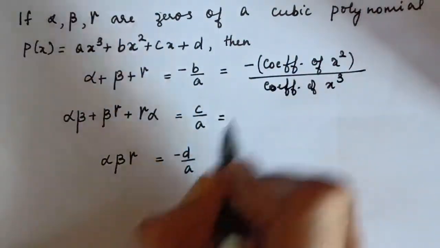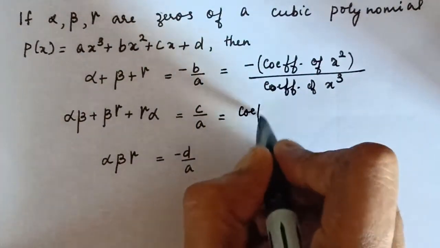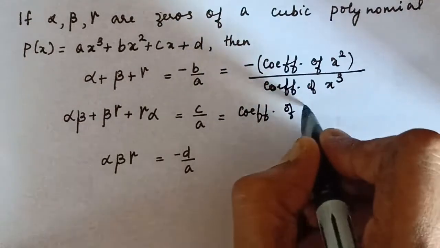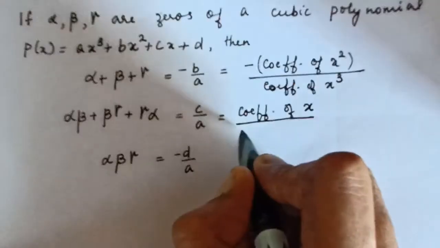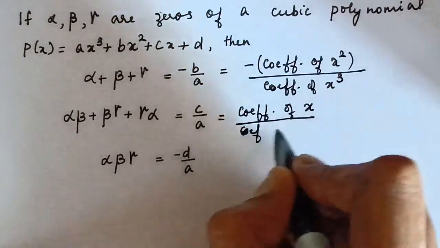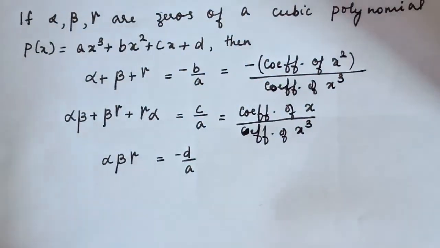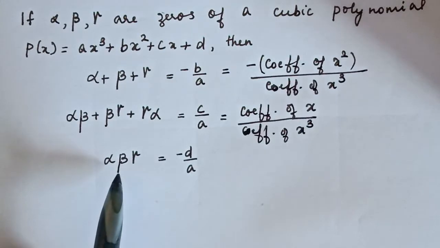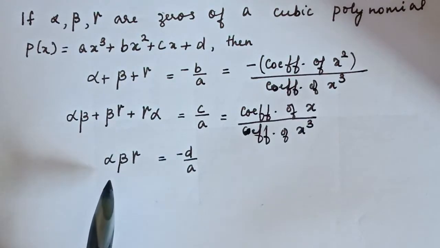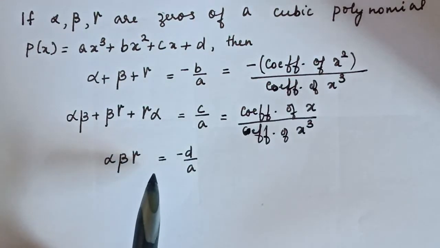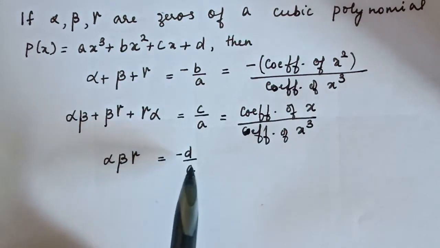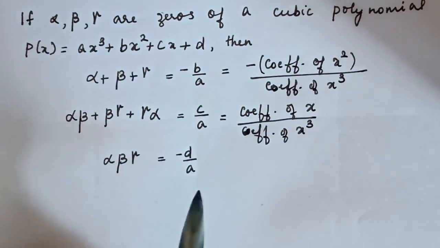And the third one, the product of zeros, that is alpha beta gamma, is equal to minus d by a.